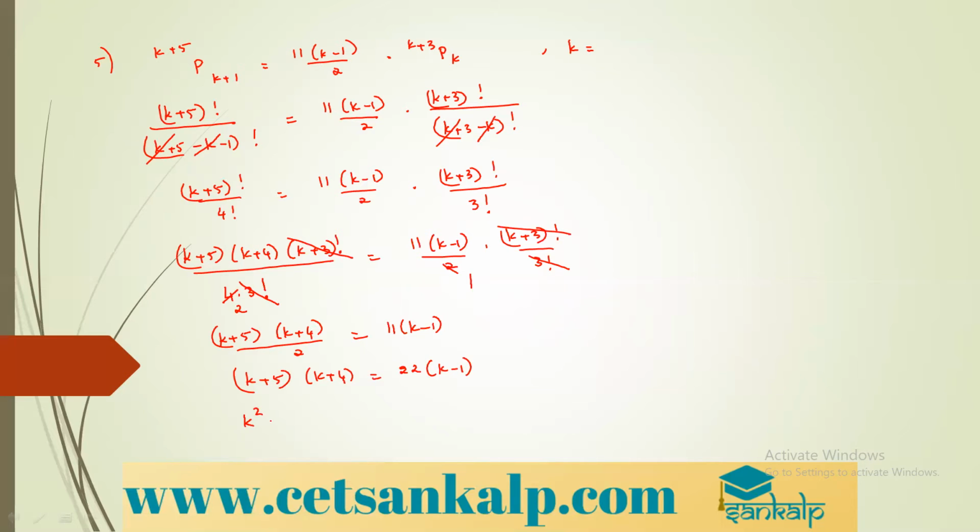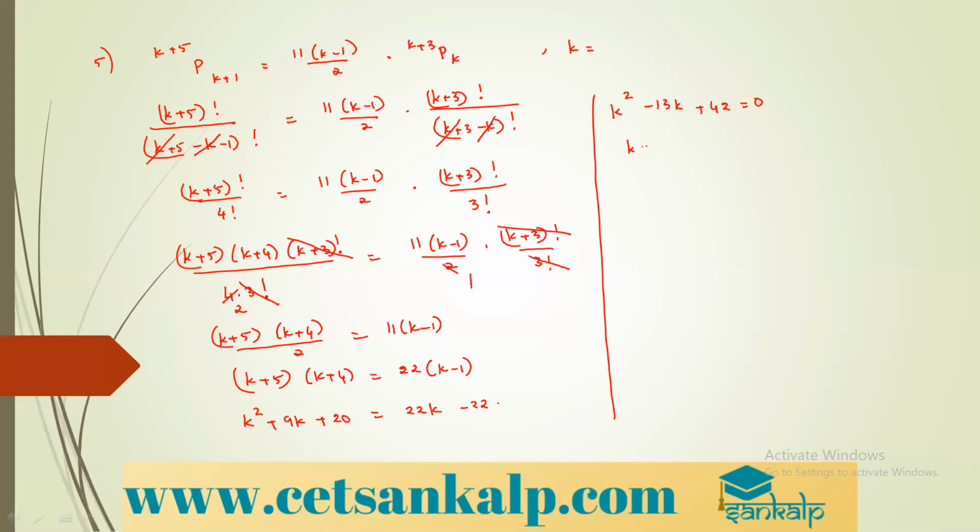Or k square plus 9k plus 20 equal to 22k minus 22. Continuing here, on the right side, I have k square minus 13k plus 42 equal to 0.